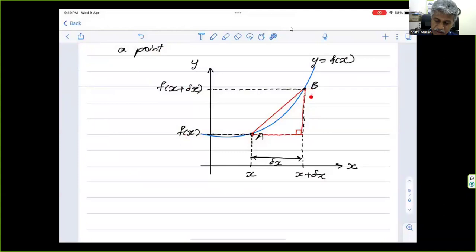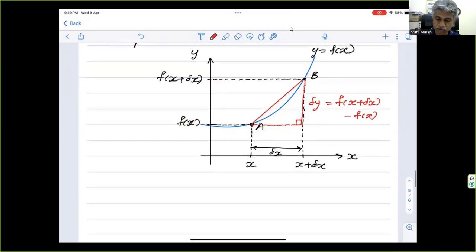So this distance is known as delta y, which is f of x plus delta x minus f of x. That is the vertical height. And the horizontal distance is given by delta x.